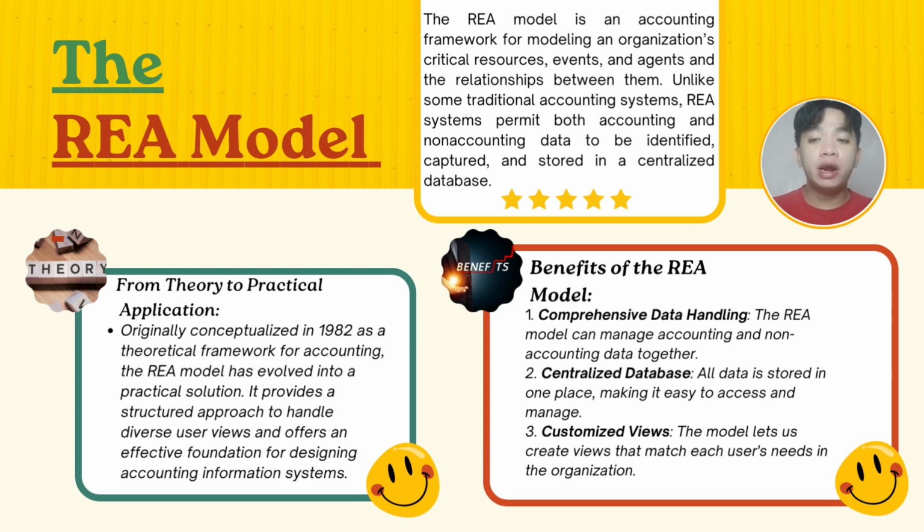To summarize, the REA model is a way to organize and understand an organization's crucial elements, resources, events, and agents, along with their connections. It's a flexible accounting framework that can handle various types of data. Unlike some older systems, it can store both financial and non-financial data in one central place.